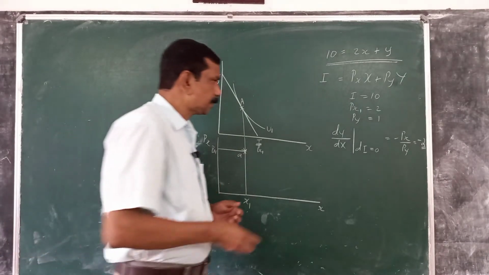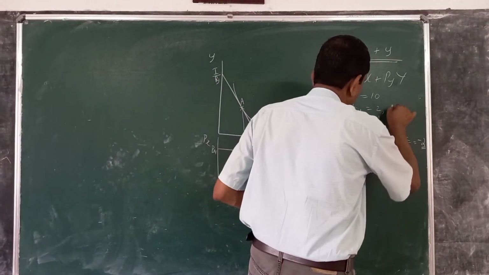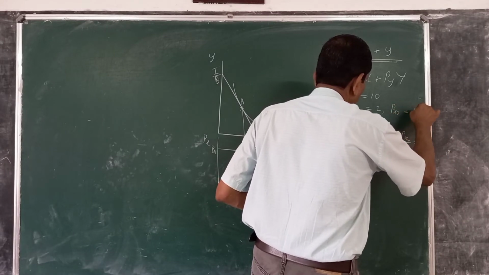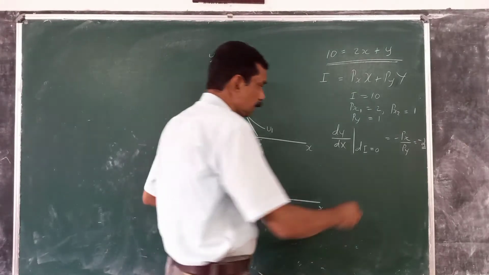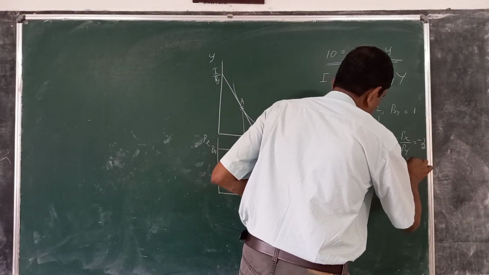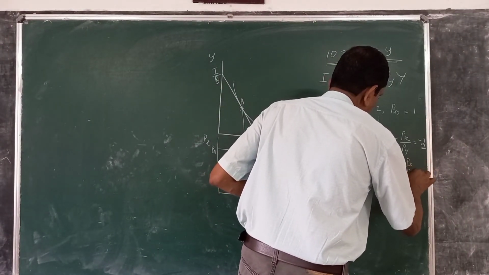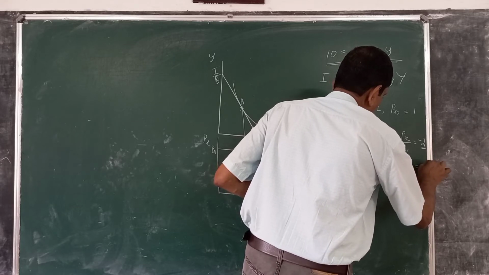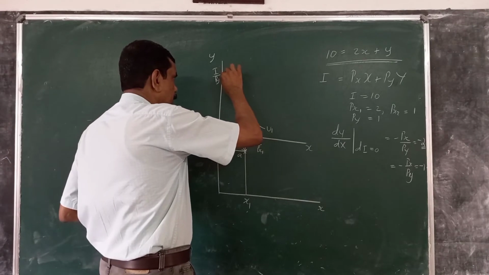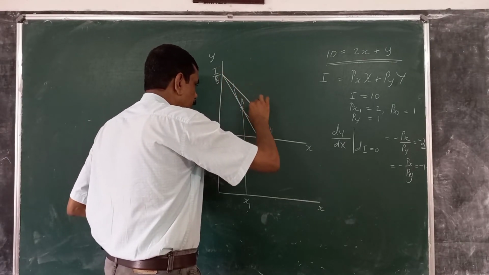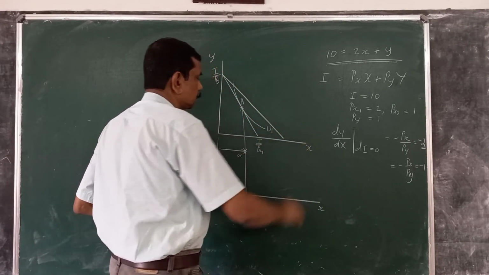Now suppose that the price of x decreases to Px2, which is equal to 1. In that case, the slope becomes minus Px by Py, which is equal to minus 1. The budget line shifts or tilts along the x-axis.